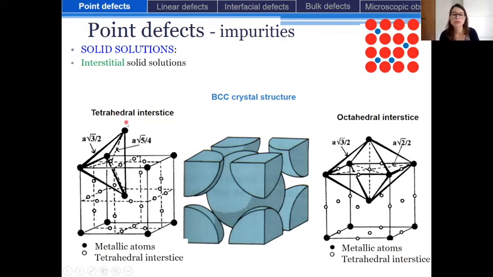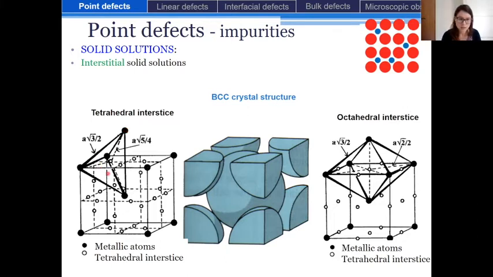So a tetrahedral interstice is formed at the center of this tetrahedron that is formed by two atoms that are along the same edge of the unit cell, and the atom that is placed at the center of this unit cell, and the equivalent atom that is placed in the center of the neighbor unit cell.